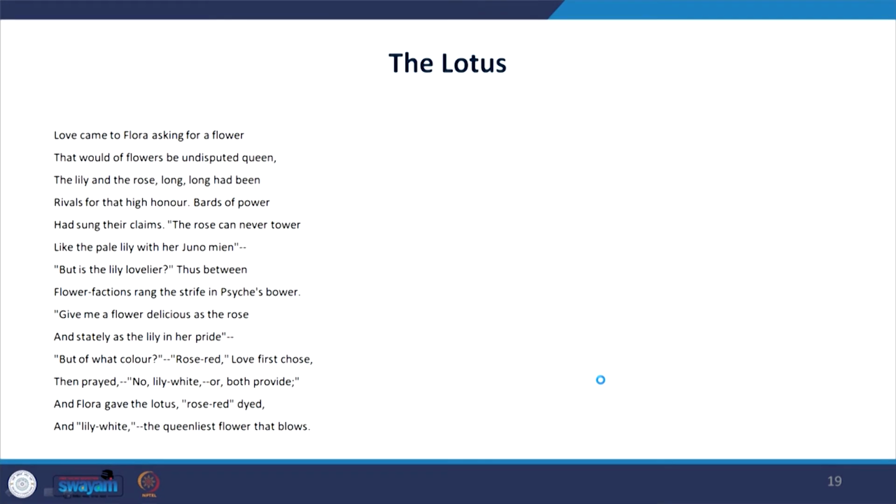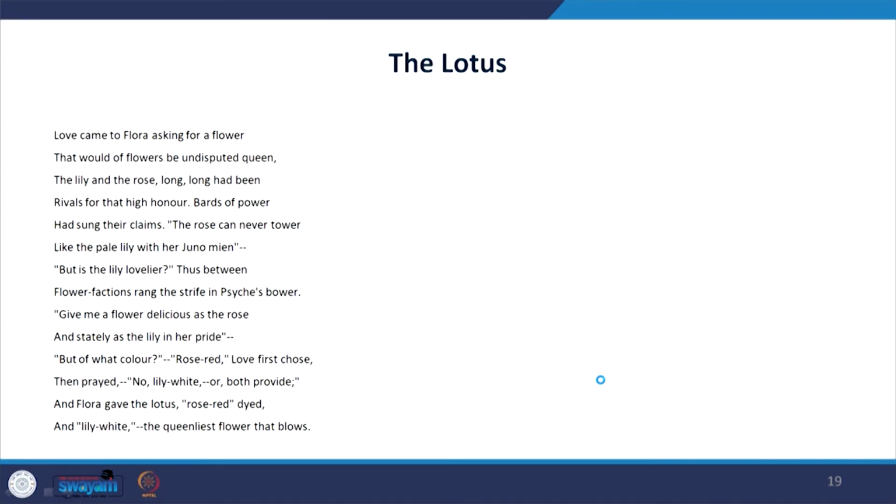Birds of par. So when she says lily and rose, she is referring to something else, not India. Like the pale lily, birds of par had sung their claims, the rose can never tower like the pale lily with her Juno mien. But is the lily lovelier? Thus between flower factions rang the strife in Psyche's bower. Give me a flower delicious as the rose and stately as the lily in her pride.